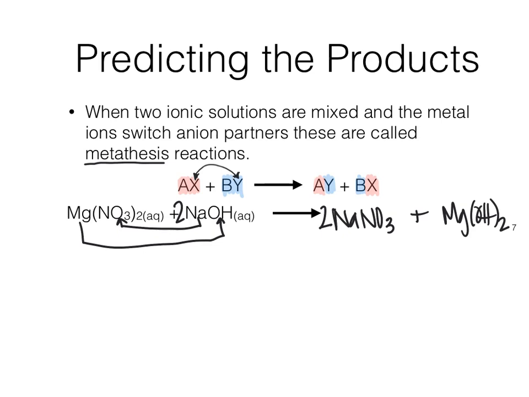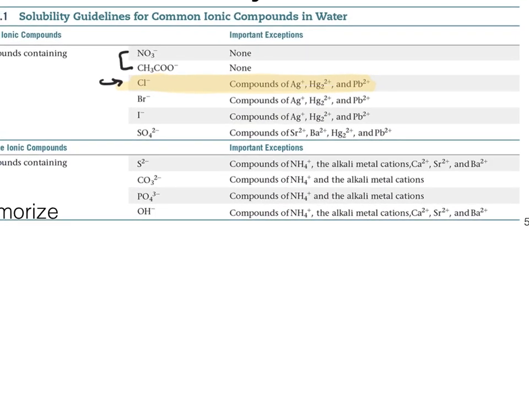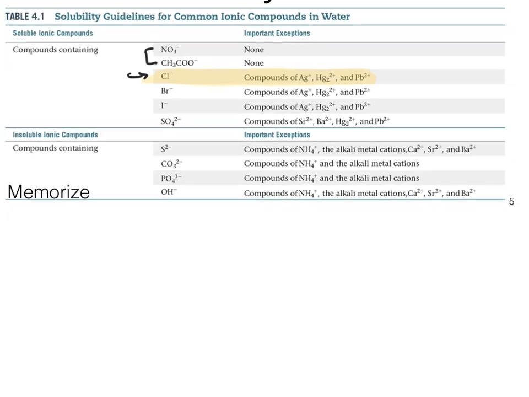The trick is, it's also asking: is one of these going to be insoluble? If you look at your solubility table, which is the handout I gave you in class, all nitrates are soluble, so they're going to be aq. Magnesium hydroxide, on the other hand, is going to be insoluble because this is not one of the exceptions.